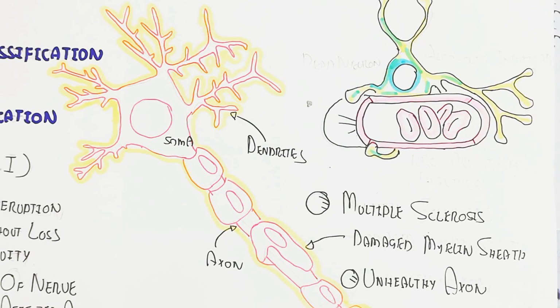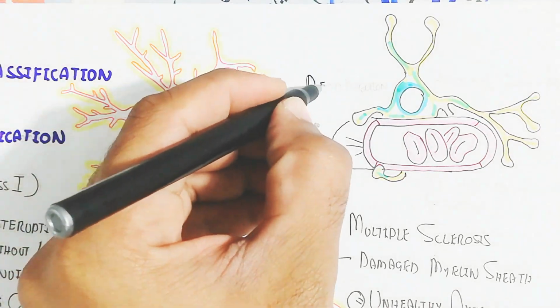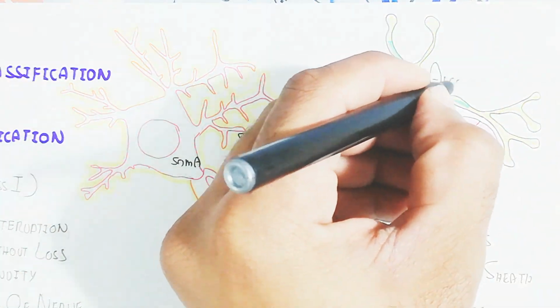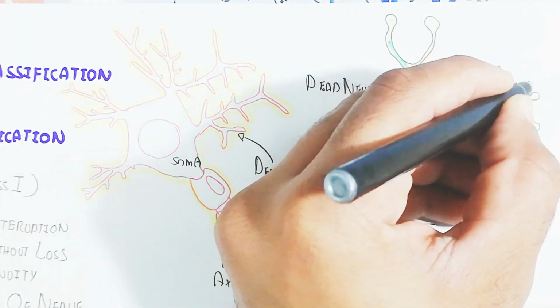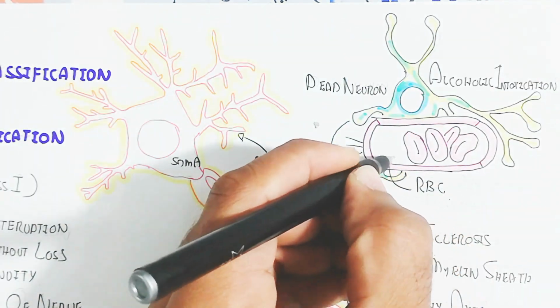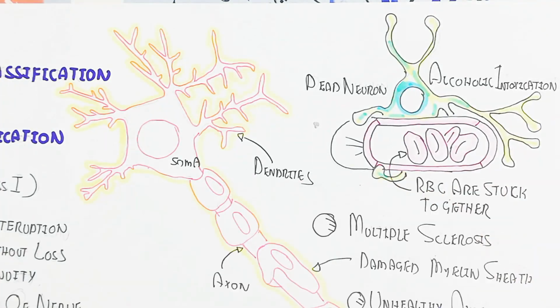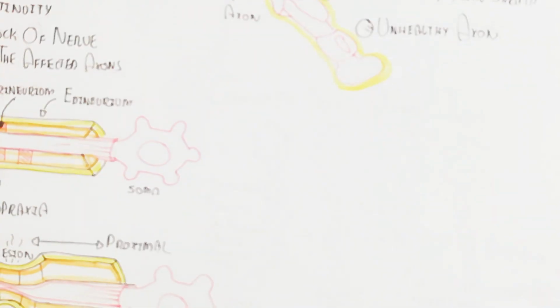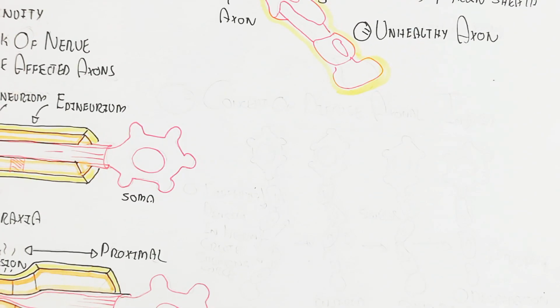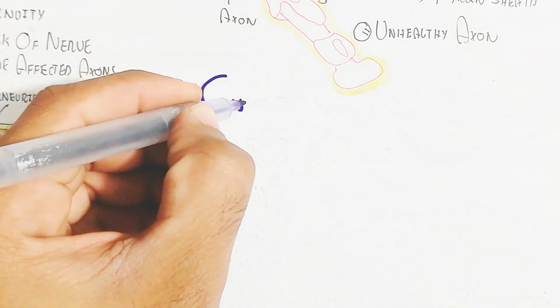On the other hand, alcoholic intoxication leads to dead neurons. Also, red blood cells stuck together in the circulatory system will not provide complete oxygen, so the hypoxia leads to death of the neuron.